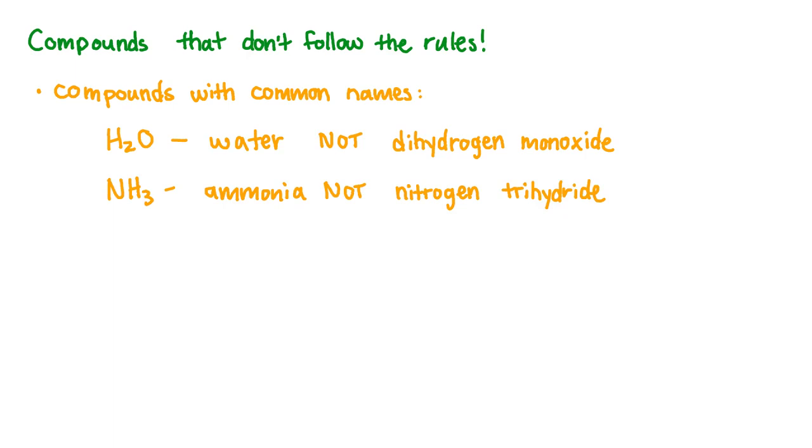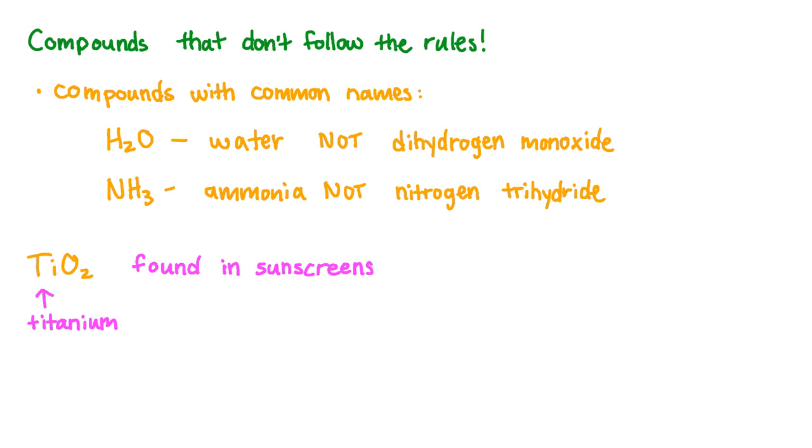Similarly, NH3 is always called ammonia and not nitrogen trihydride. This happens most often for compounds that scientists discovered a long time ago, before we standardized the convention for naming things in chemistry. Another example is the compound TiO2, which is commonly found in sunscreens.